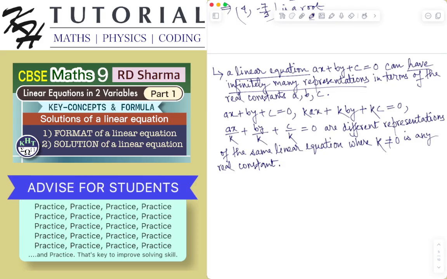The next concept is that a linear equation, let's say we have a linear equation in the standard form ax plus by plus c equals 0. Now, this is not a unique representation of the linear equation.